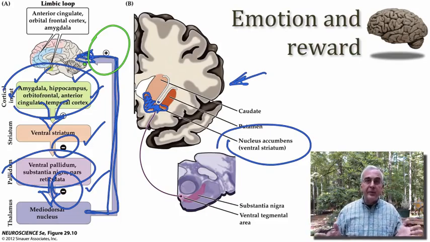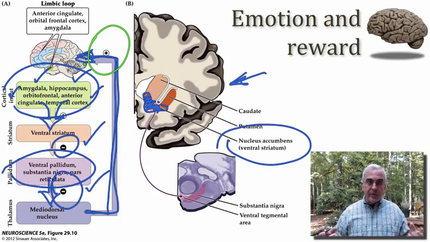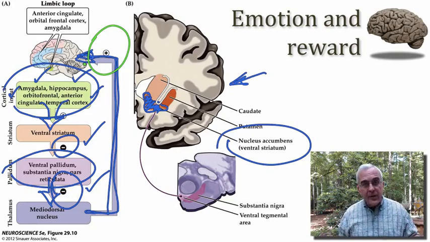That is, we know something good's about to happen, and there's some kind of a shift in our emotional set. And it's that shift played out in this circuitry of the orbital medial prefrontal cortex that we think is really the instantiation of a rewarding experience. Now, I'm talking about reward.